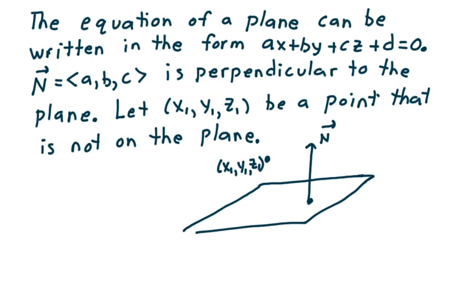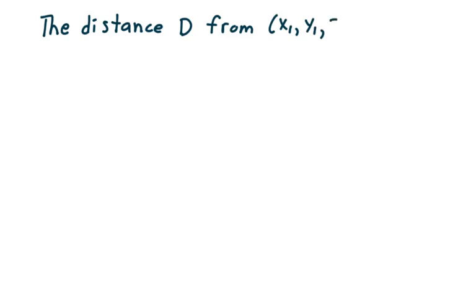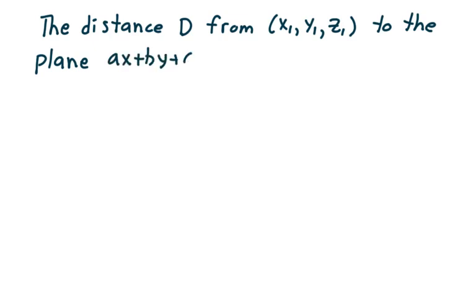It turns out the distance d from x1, y1, z1 to the plane ax plus by plus cz plus d equals 0 can be found as follows.